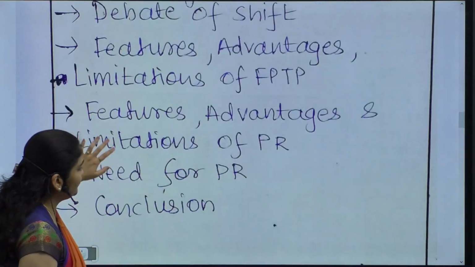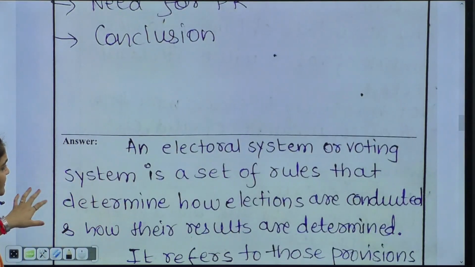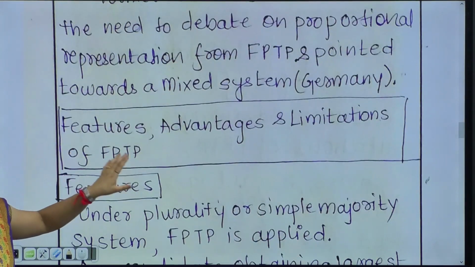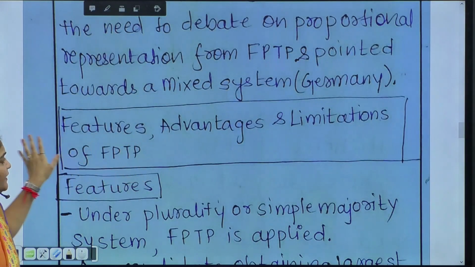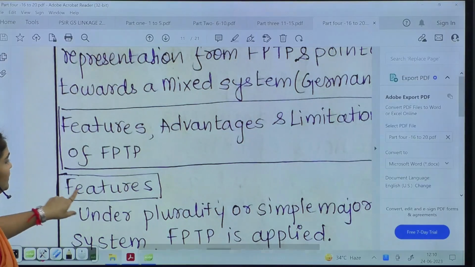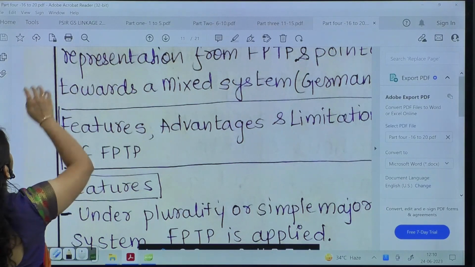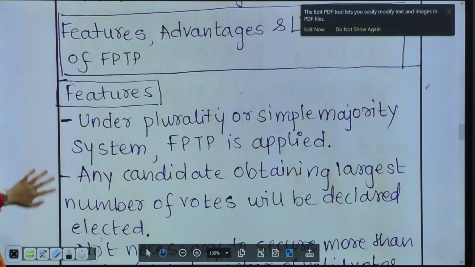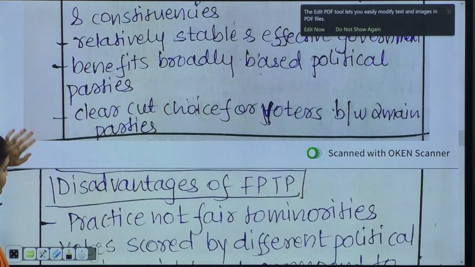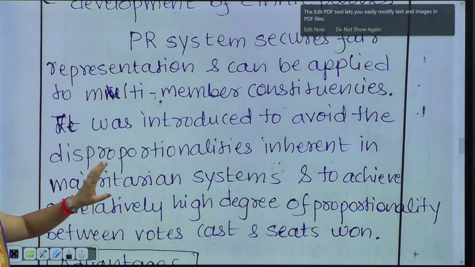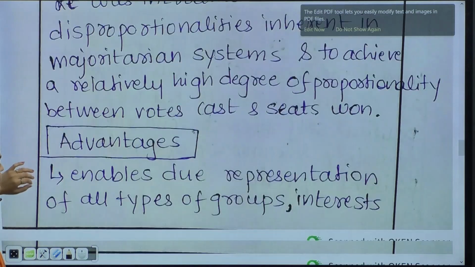So I have first spoken of what is an electoral system. Okay? Then what are the features, advantages and limitations of FPTP. Then what is the proportional representation system? What are its features?